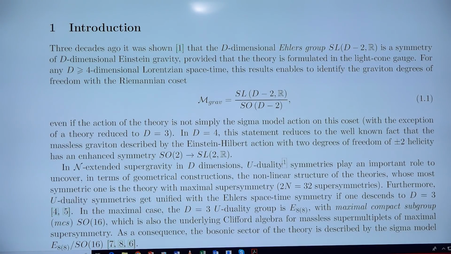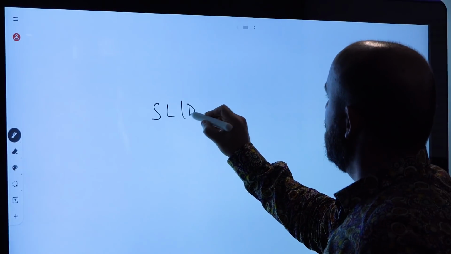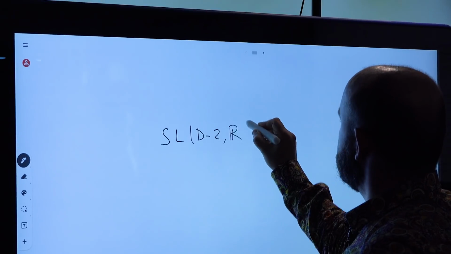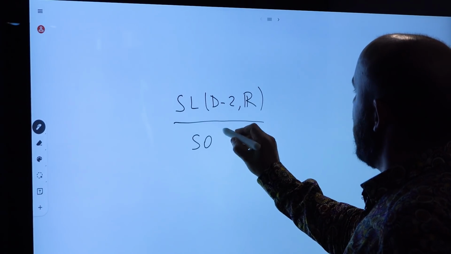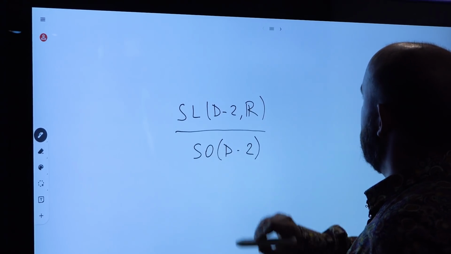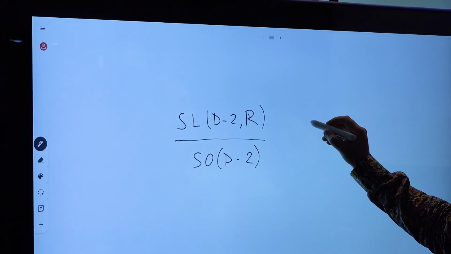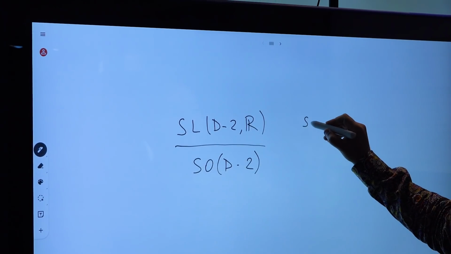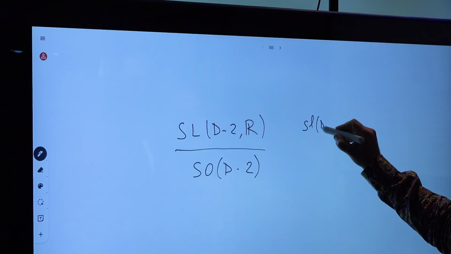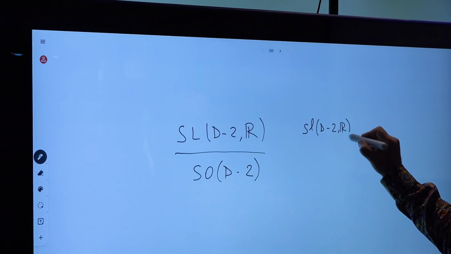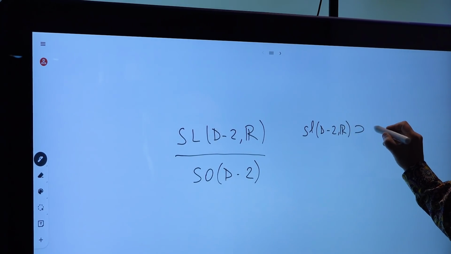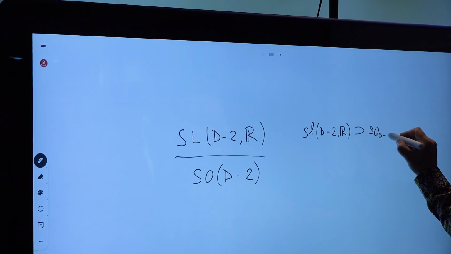And this coset is quite important because it is described by a maximal and symmetric embedding where this algebra decomposes in this way.